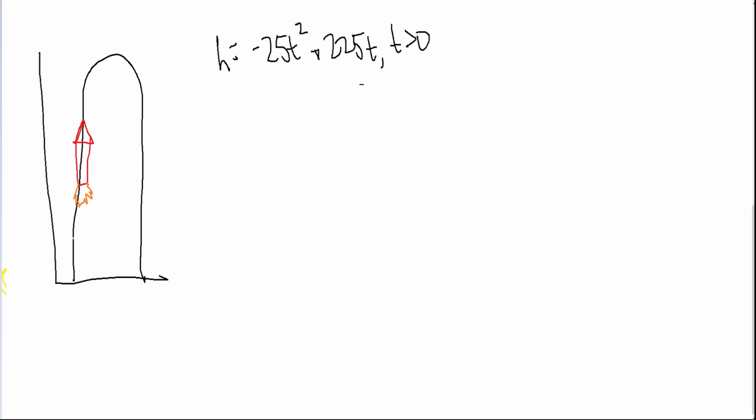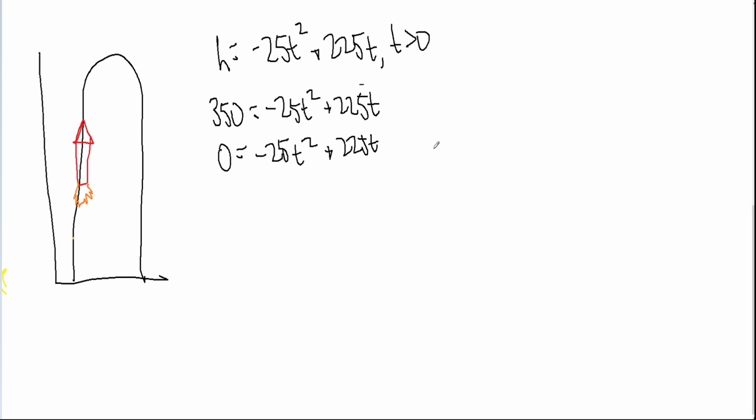So to solve for A, since we want to know how much time it takes to reach 350 feet, we plug in 350 for H, and so we have 350 equal to negative 25t squared plus 225t. And then we can subtract the 350, so we have 0 is equal to negative 25t squared plus 225t minus 350.